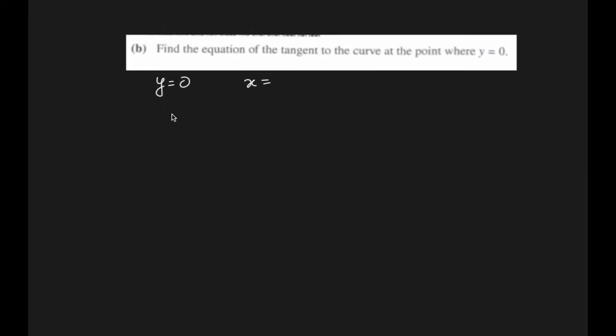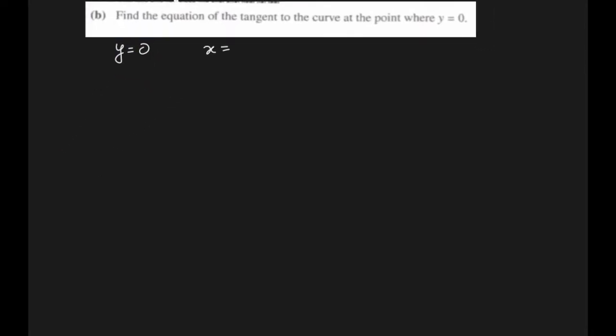Okay, so t is the one that is connecting the both. So let's find t first so that I can write 1 over cos t. So y was ln tan t. Let's find t with the help of y equal to 0 so that we can substitute it here and find x, and then we can find the equation of the tangent.